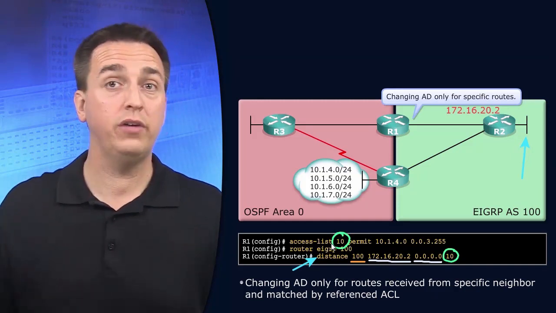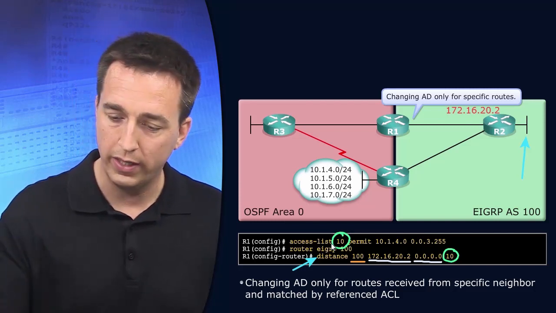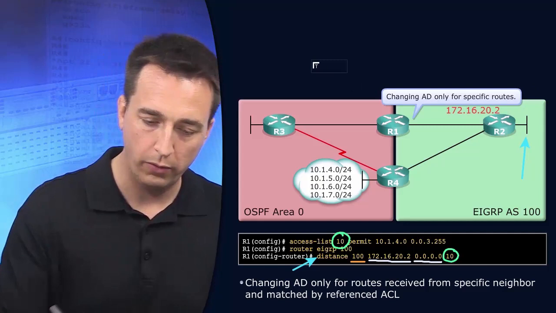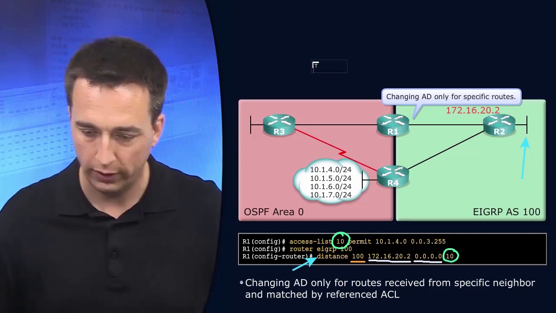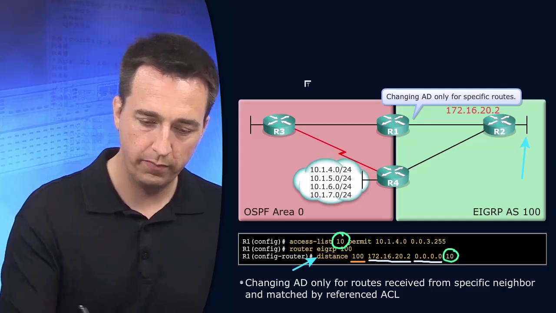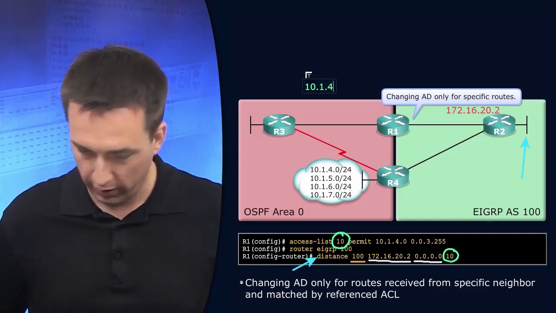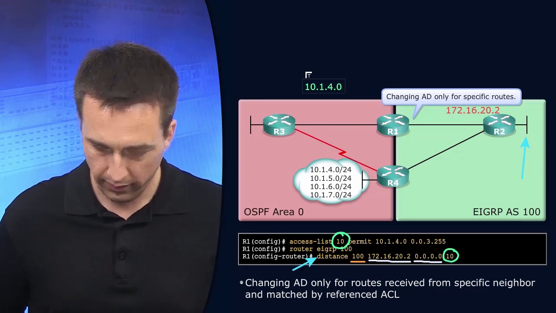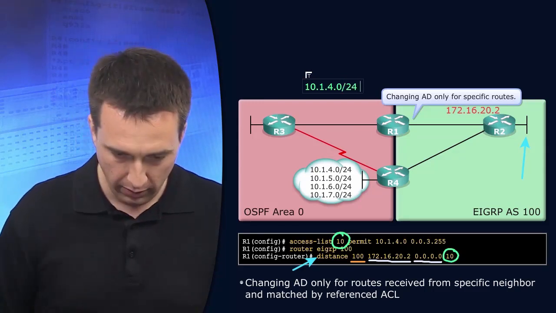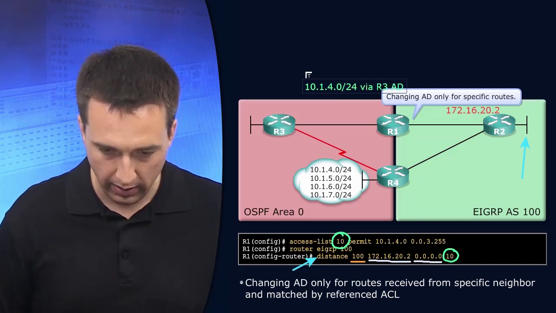So now that the administrative distance is changed to 100, what does R1 see now? Let's go to R1. Let's type in up here what we had before. If we recall, our OSPF entry was 10.1.4.0/24. It was via R3, and it had an AD of 110.